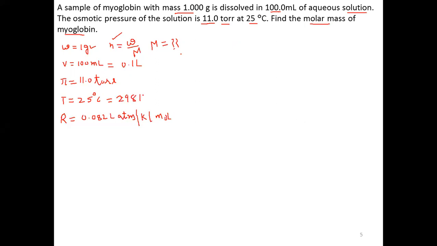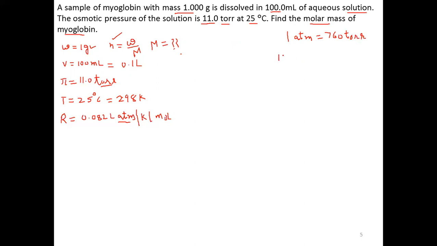Temperature is in degrees Celsius, so simply adding 273 gives you 298 Kelvin. Now let us see how to convert torr into atmosphere. For this, you have to remember a conversion: 1 atmosphere is equal to 760 torr. So this is the conversion to convert torr into atmosphere.